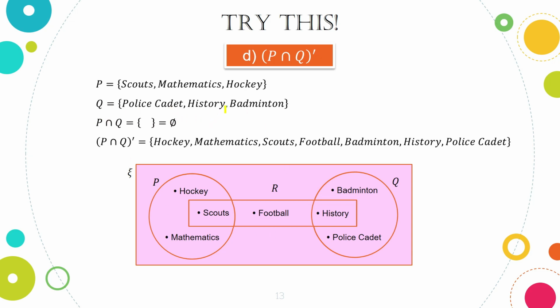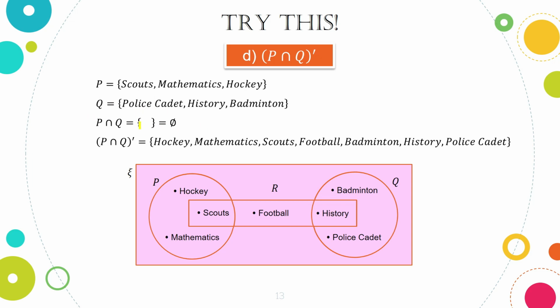Tak ada yang sama antara dua set ni. Dalam elemen P tak ada dalam elemen Q. Jadi kita panggil intersection of P and Q is 0 set.